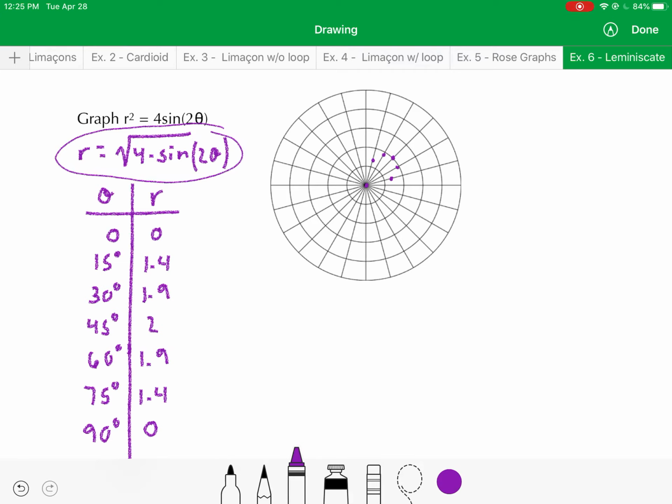And then 90 degrees gives me 0. So right there, all those points give you 1/2 of the lemniscate.